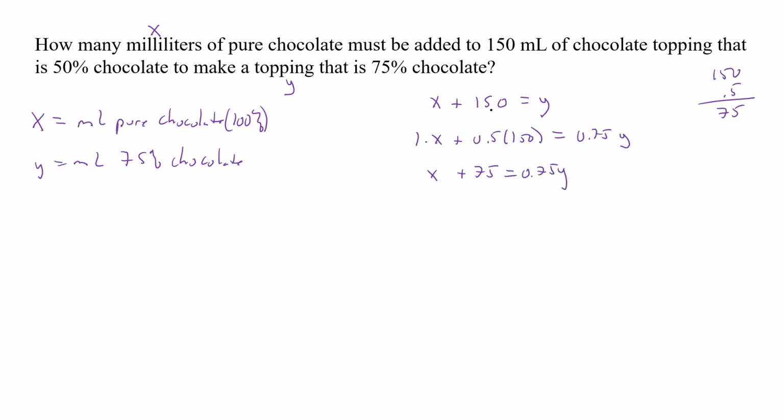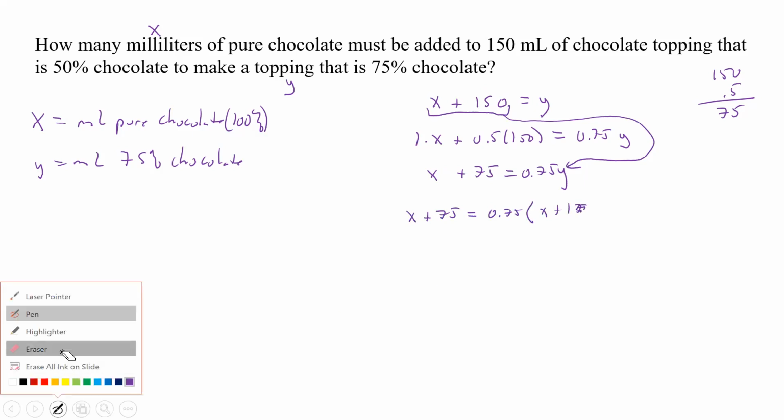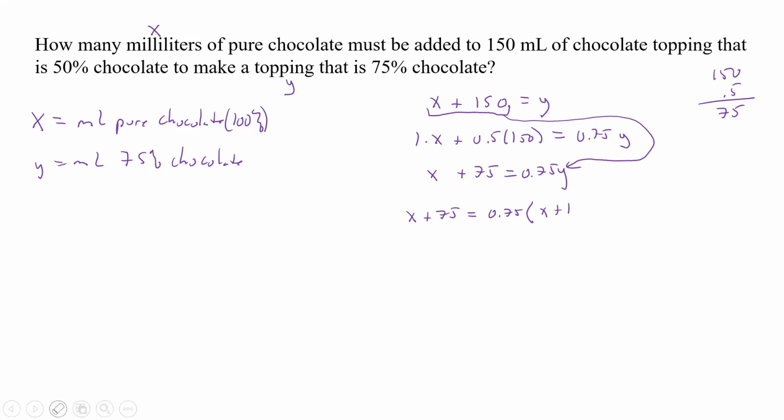All right, so what do we want to do now? Well, let's just plug in this right there. And then we have everything in terms of x. So we have x plus 75 equals 0.75 times x plus 150. All right. Well, what is 150 times 3/4 equal to?